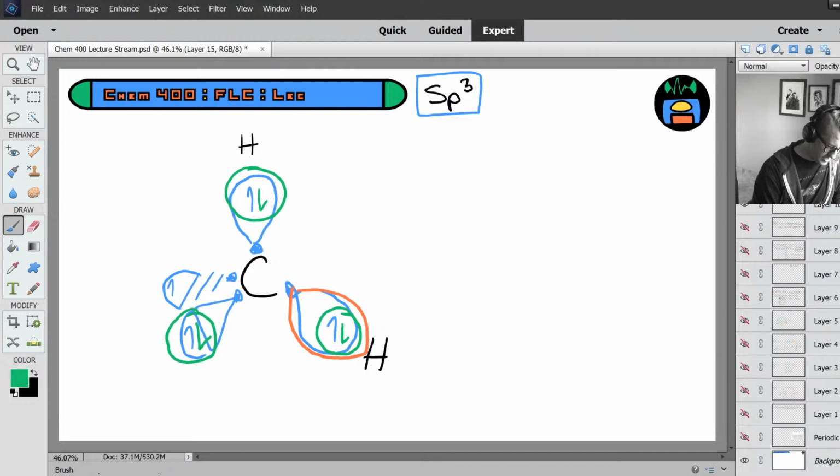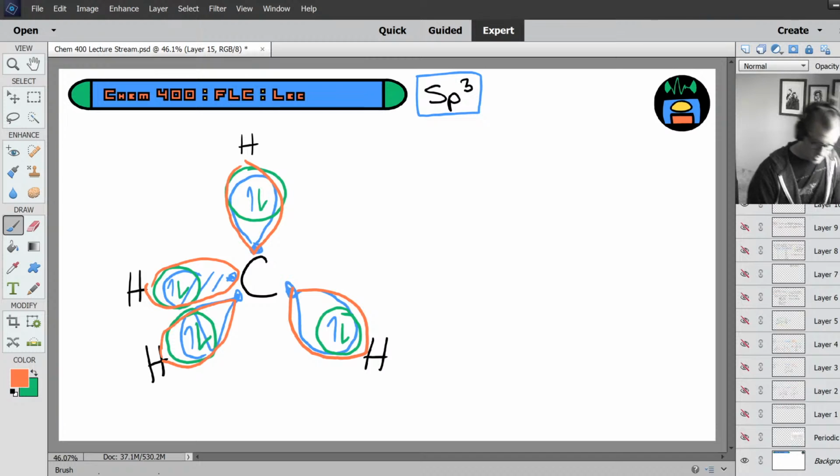All right, so 1 happens here, 1 happens here. And each time you get that constructive orbital overlap, you get a new bond between carbon and hydrogen.